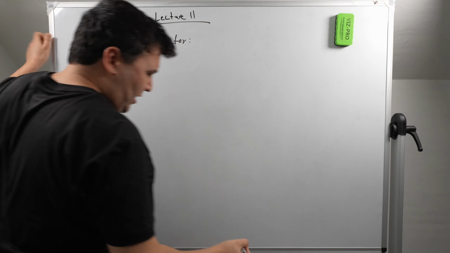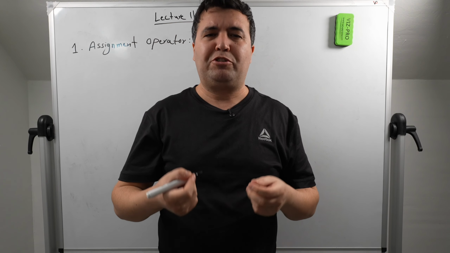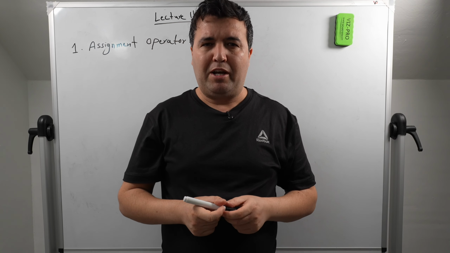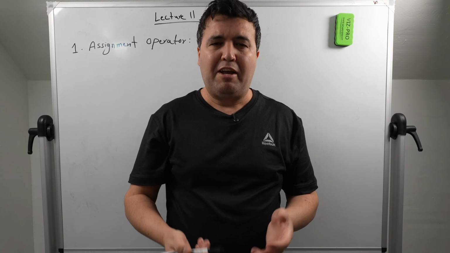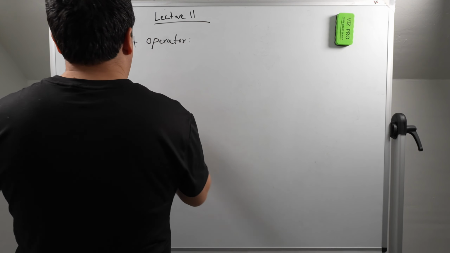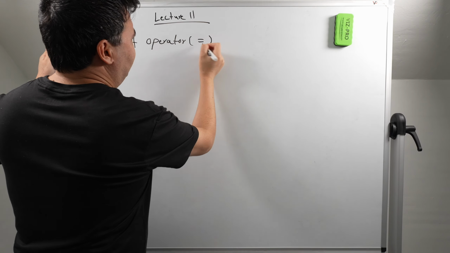The assignment operator in C++ programming language is used to assign values to variables. When we need in our program to store data or information inside variables, we use the assignment operator. The assignment operator in C++ is like this, equal.